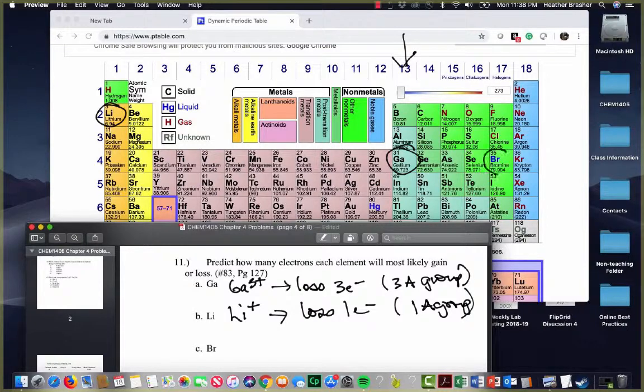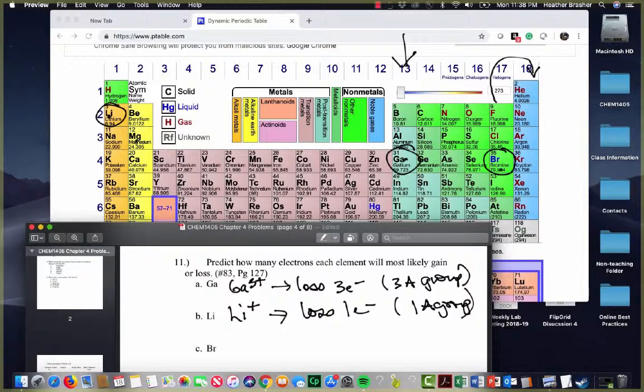Now, bromine is different because he's over here. He is a non-metal, right? And he's really close to being next to the noble gases. He's a halogen. So essentially, these guys don't have a whole lot of outside electrons, or valence electrons, to begin with. We'll talk about this when we're talking about bonding.